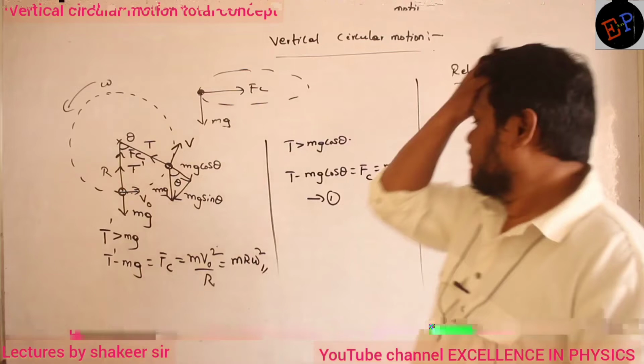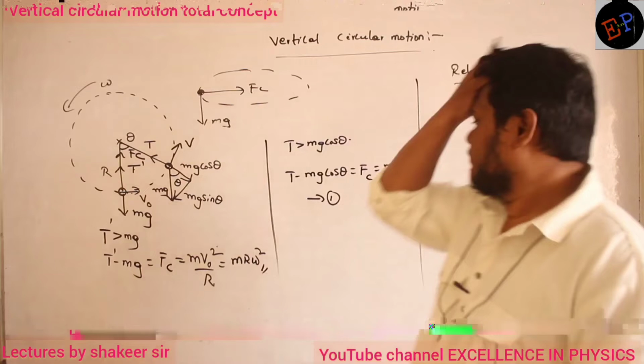What is the meaning of that? See, this is the bob. And what is meant by 133? Approximately this angle I can call 133, greater than 90. This angle is 133 degrees. So here what will become 0? Tension will become 0. But is velocity 0?